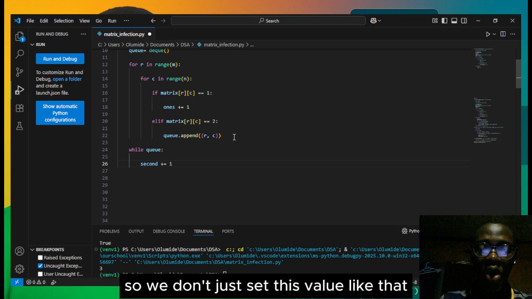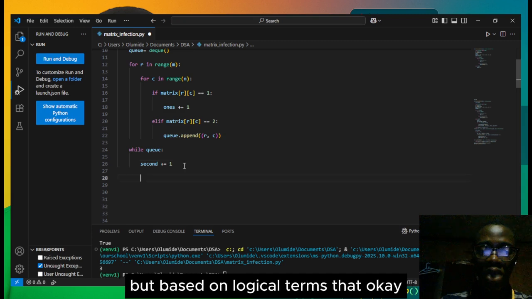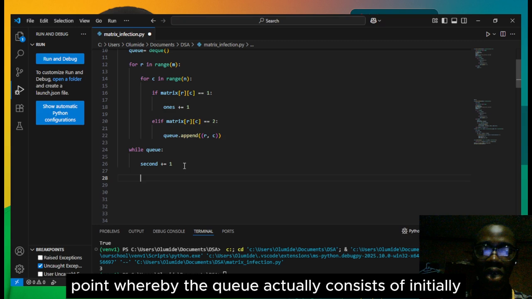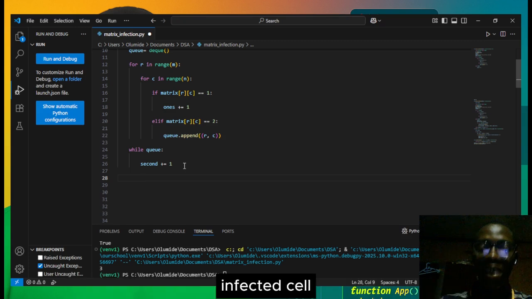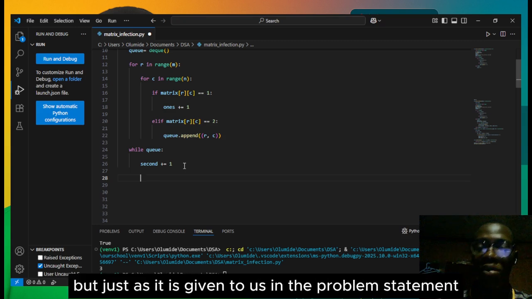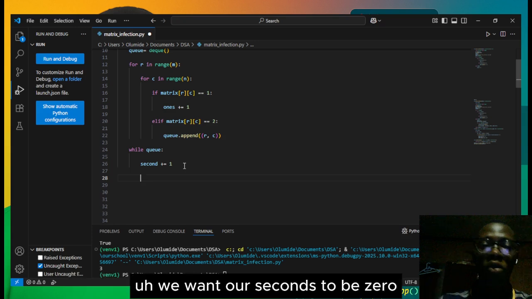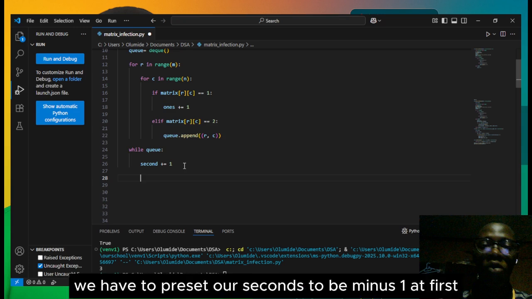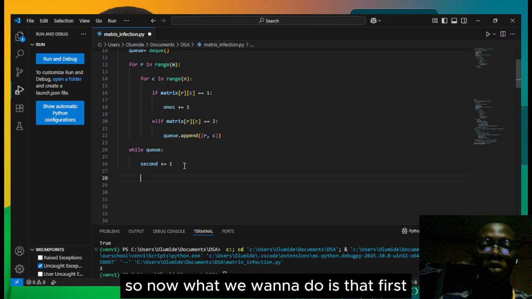We don't just set this value like that, but based on logical terms: at the point where the queue consists of the initially infected cells, as given in the problem statement, we want our seconds to be 0, so we have to preset our seconds to -1.